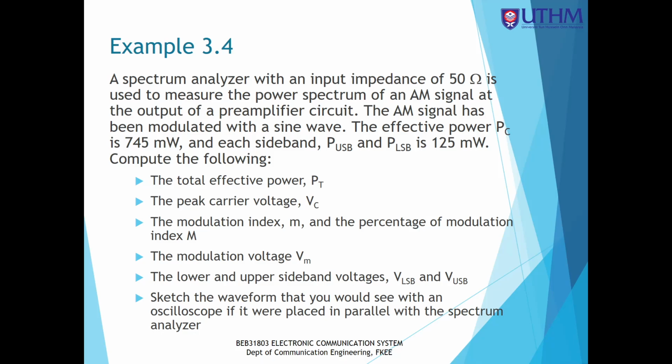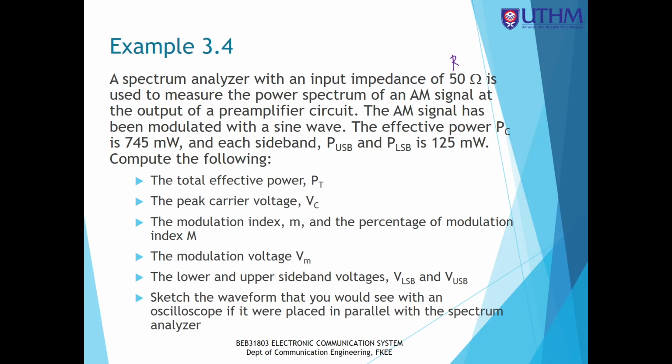Okay, so example 3.4, a spectrum analyzer with an input impedance of 50 ohm. So you are given resistance R equal to 50 ohm, used to measure the power spectrum of an AM signal at the output of the preamplifier circuit.